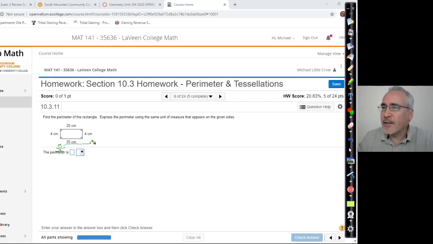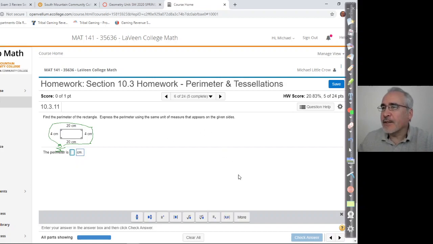There's 20 centimeters plus 4 plus 20 plus 4. So that's how you're going to get that answer. So it's adding all the sides together. Notice it's in centimeters. It's going to stay in centimeters. You put your answer in and you'll get it.